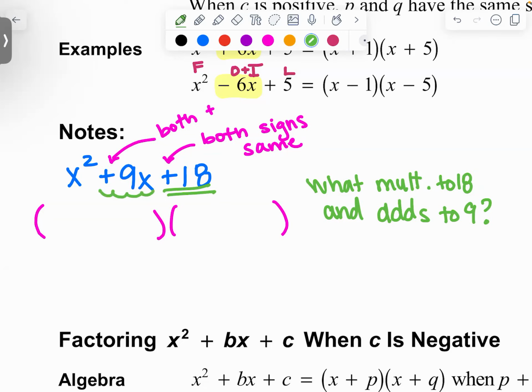Whisper it to your elbow partner. Okay. What is 6 times 3? What is 6 plus 3? Okay, so we have x plus 3, x plus 6.